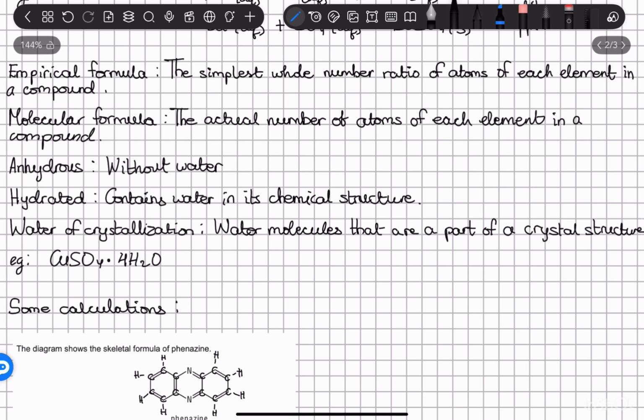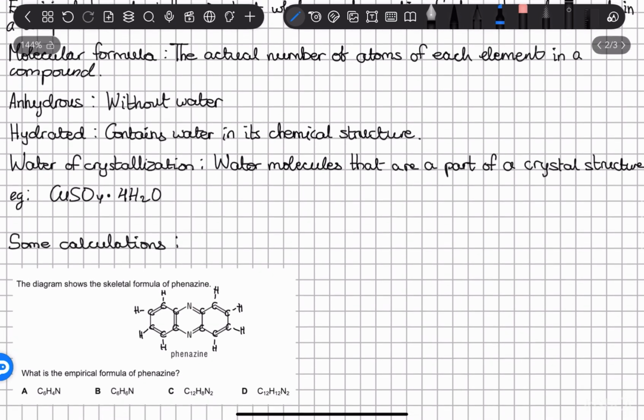For that, you can often transform the empirical formula to a molecular formula, which is the actual number of atoms of each element in a compound. So our hydrogen peroxide would be H2O2, and that is the molecular formula.